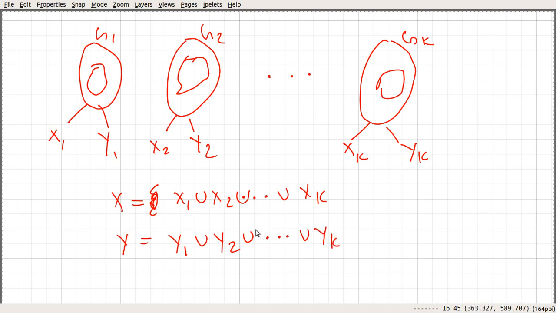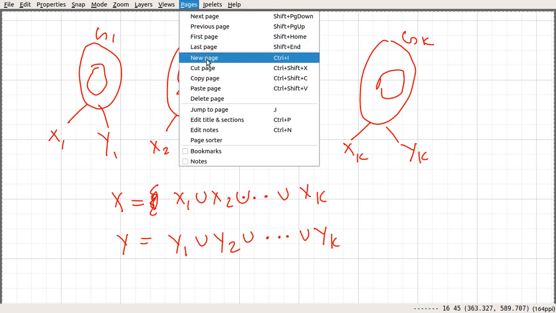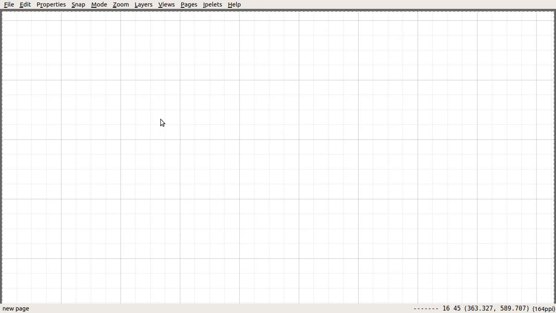So we only need to prove it for a connected graph. If the graph is disconnected, we only need to consider one component at a time, and then we can build those partitions as said in the previous slide.